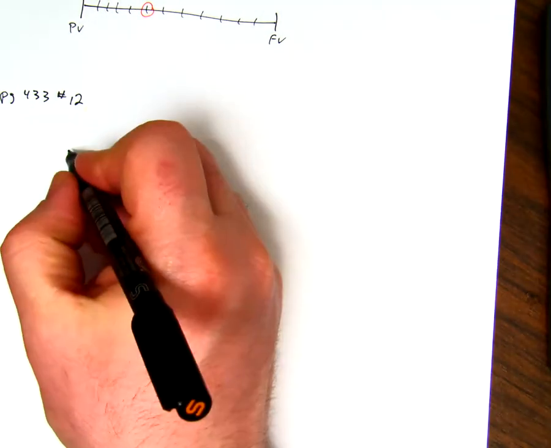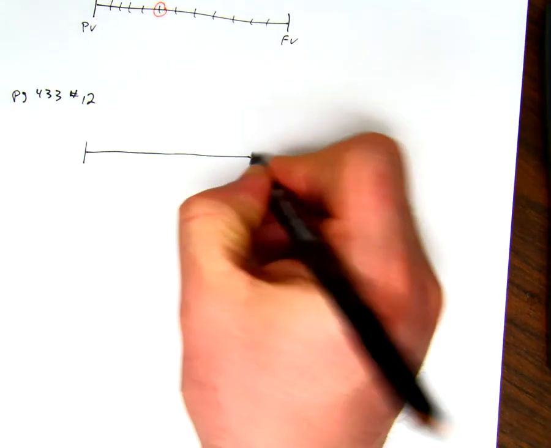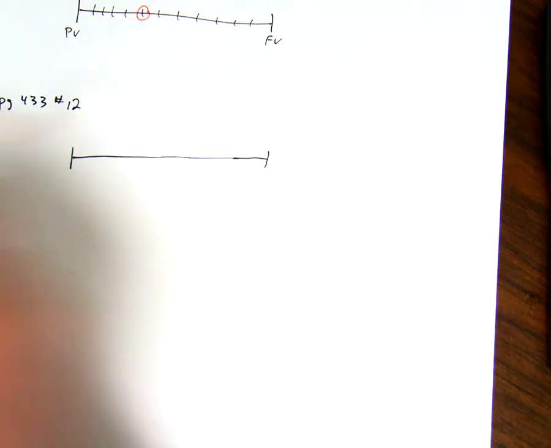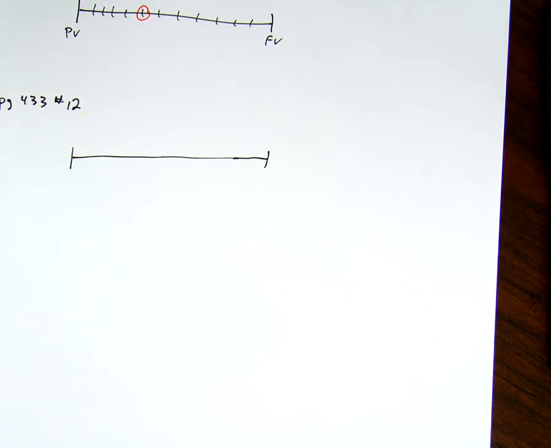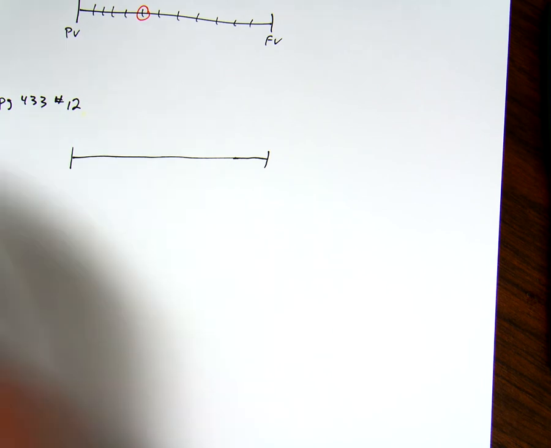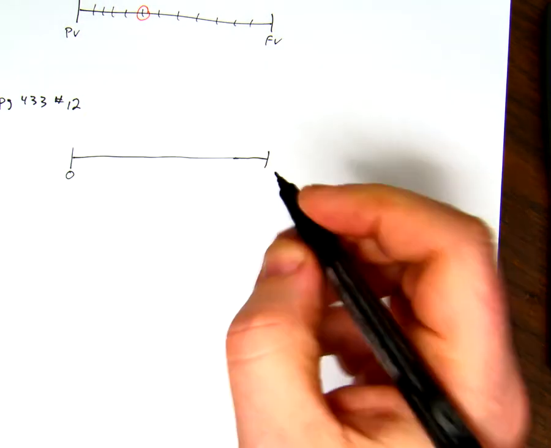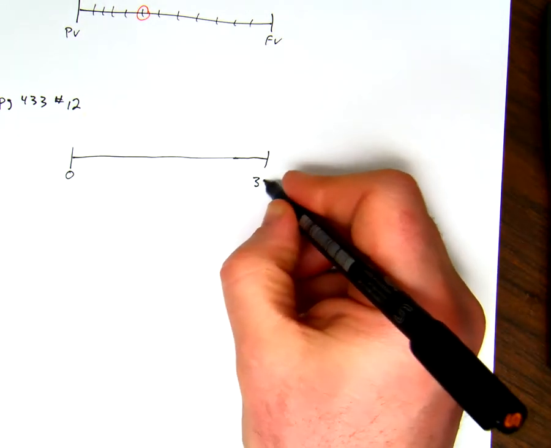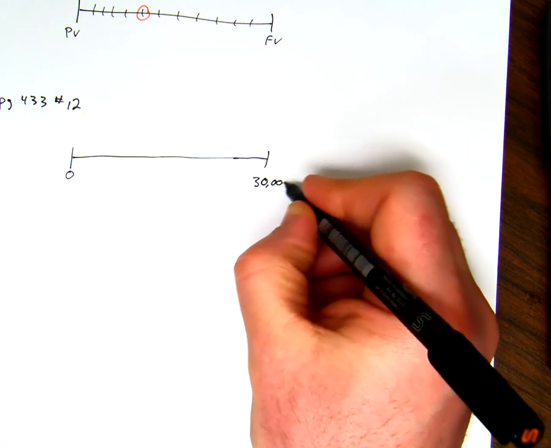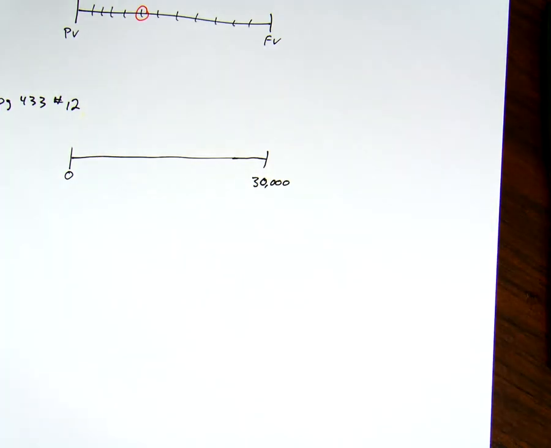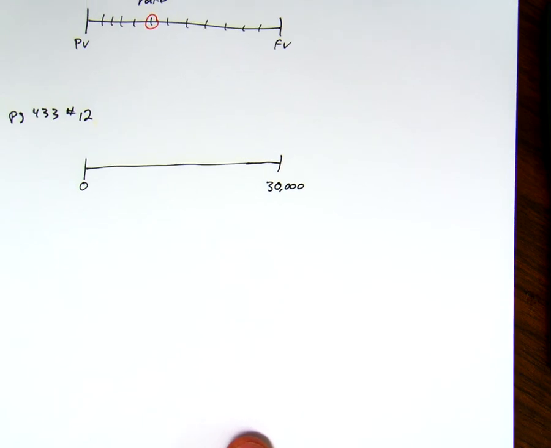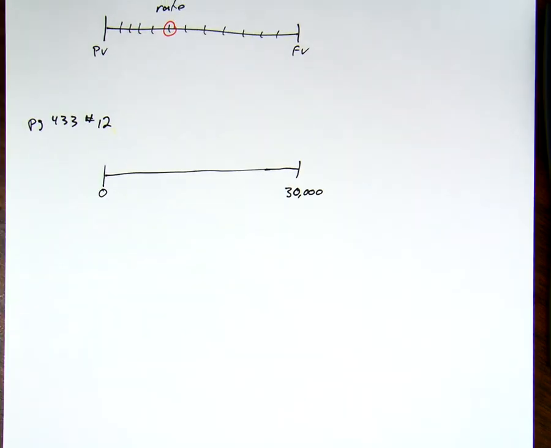So doing the picture for this, we're creating an annuity that starts with 0. We've had no savings so far, and in the end, we want to have $30,000 as a down payment. So you want to be able to withdraw $30,000 from this annuity.